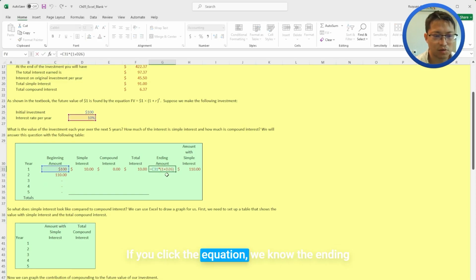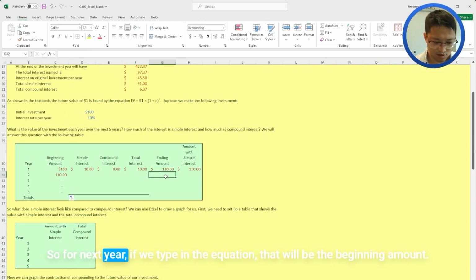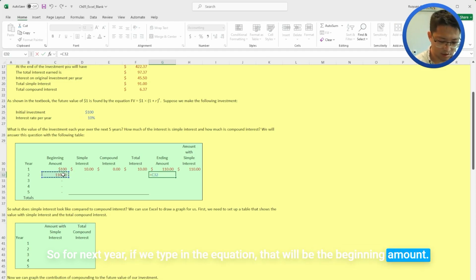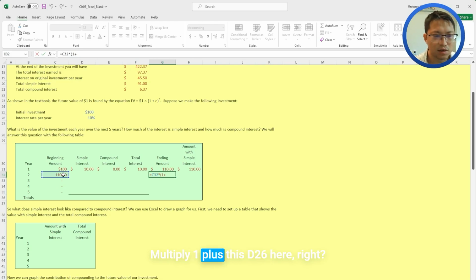If we click the equation, we know the ending amount will be the beginning amount for this year, multiplied by 1 plus this interest rate, which is D26, right? So for next year, if we type in the equation, that will be the beginning amount multiplied by 1 plus this D26 here.